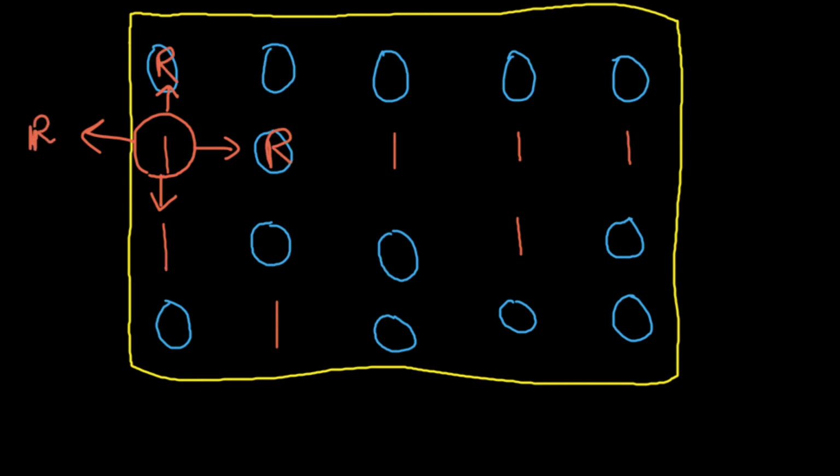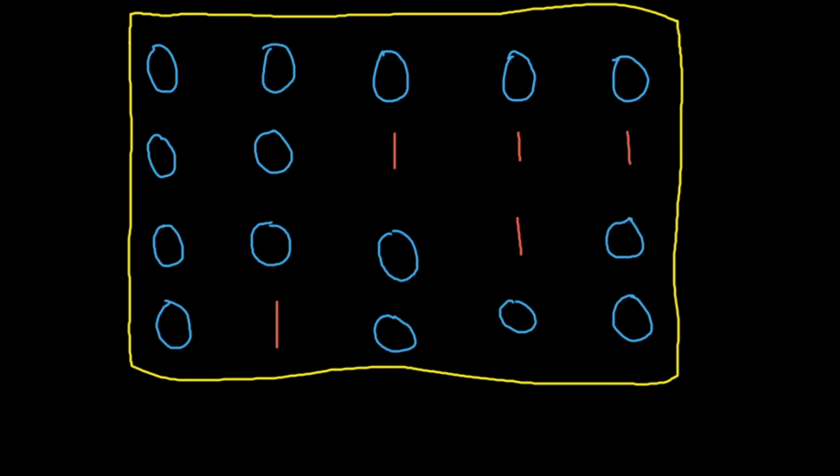When it comes down here, it'll say, oh, I do not return right away because I see a 1. But before I do more DFS recursion, I'll convert that to a 0. And then I'll also look up, I'll look right, I'll look down, and I'll look left.